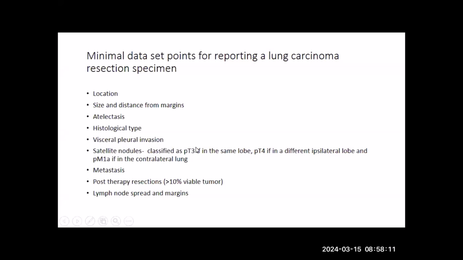Presence of satellite nodules, whether in the same lobe, ipsilateral or contralateral lobe, is important. Presence of metastatic nodules in the contralateral lobe. If there is a post-therapy resection, presence of more than 10% viable tumor is recommended by the IASLC as a poor response factor, and spread to the lymph nodes and status of the margins.